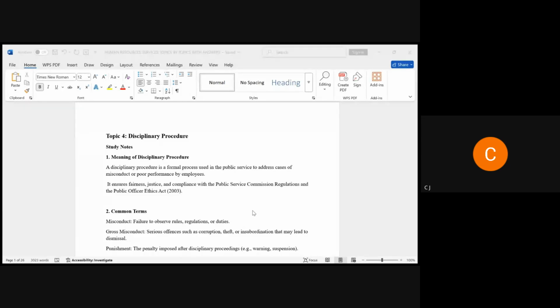Punishment means the penalty imposed after disciplinary proceeding, for example, warning and suspension.